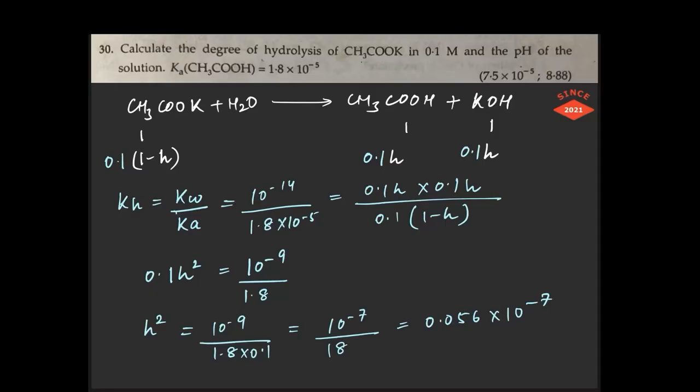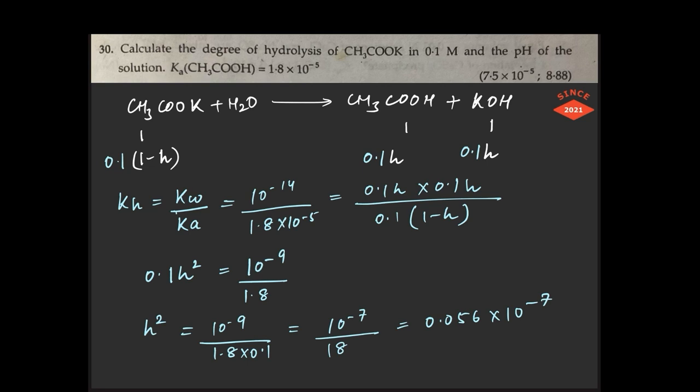Calculate the degree of hydrolysis of CH3COOK, that is potassium acetate, in 0.1 M and the pH of the solution. Acid dissociation constant for acetic acid is given as 1.8 into 10 to the power minus 5. This question is very much similar to the previous question.